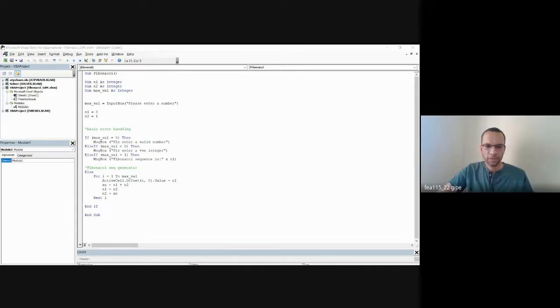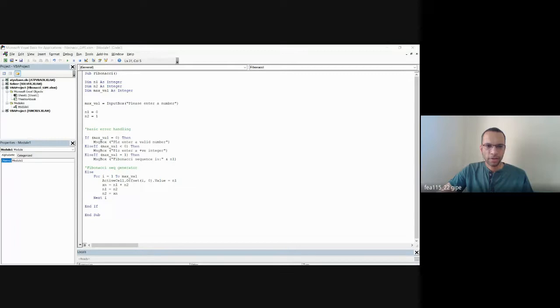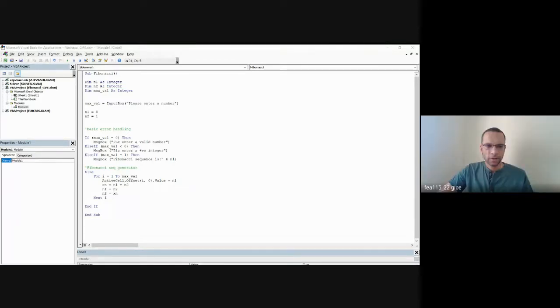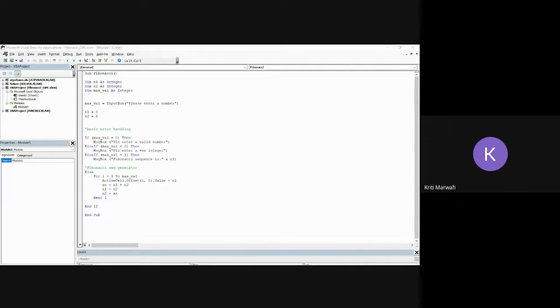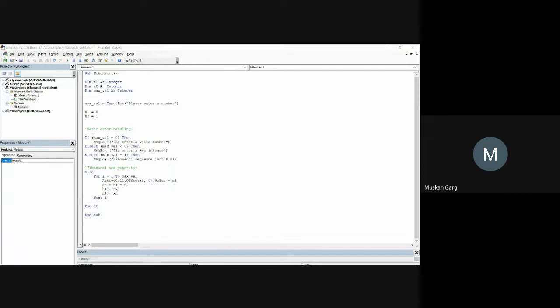Himanshu Verma is present. Jaideep Saini is present. K. Ayushi. Present, sir. Riya Shukla. Present, sir. Kriti Barwa. Present, sir. Mansi Singhal. Present, sir. Mansimran Arora is present. Manvi Kukreja is present. Mihir is present. Muskan Garg. Present, sir. Okay.